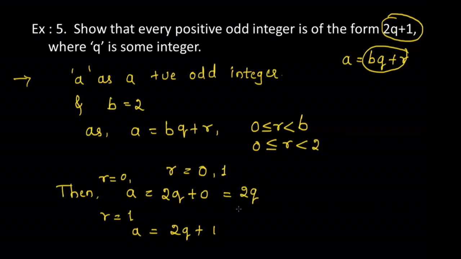Likewise, for any value of q, you will get a as an even positive integer only. But here if you put q as 0, 2 times 0 plus 1, you will get an odd number. If you put q as 1, 2 ones are 2 plus 1 is 3, an odd number. Similarly, for any positive integer value of q, you will get a as a positive odd integer only.